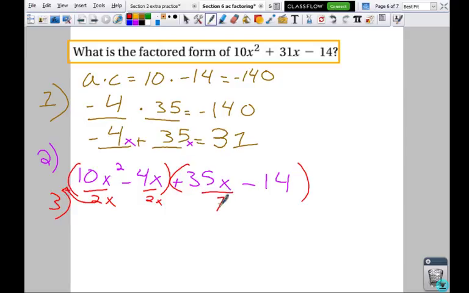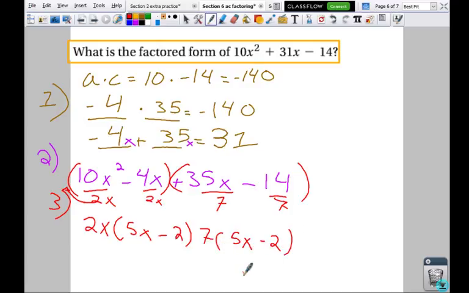So it's kind of like dividing by 7. Okay, put it out in front. So I factored out a 2x, and then I'm going to have a 5x left over. Minus 4 over 2 is 2, x over x cancels out. And we're going to keep going. I'm going to factor out a 7. 35x over 7 is 5x, minus 2 still.